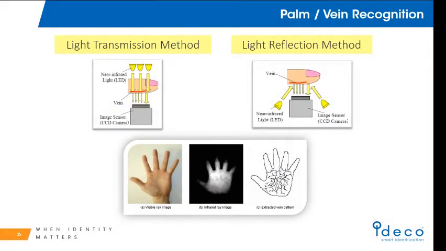So, there are different methods for vein recognition. It's typically pushing light through the skin or reflecting light against the skin. So if you look at the light transmission method, which you see on the left-hand side, typically you're placing your finger between the image sensor and a light source.